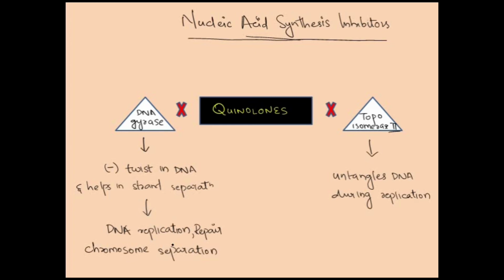For DNA replication, repair and chromosome separation. So when DNA gyrase is blocked or inhibited, what will happen? All this process will not happen. In case of topoisomerase 2, same thing. It will untangle the DNA during replication, and when it is blocked, there will not be any DNA replication. So without DNA replication, there will not be any synthesis of nucleic acid, right? This is how they perform their role.